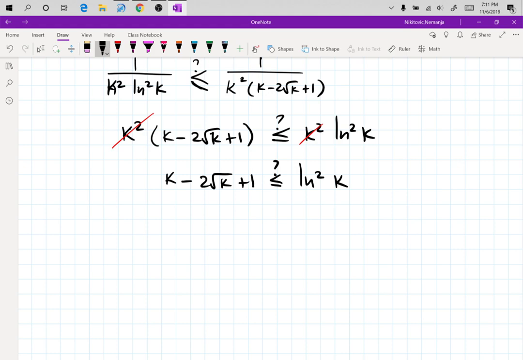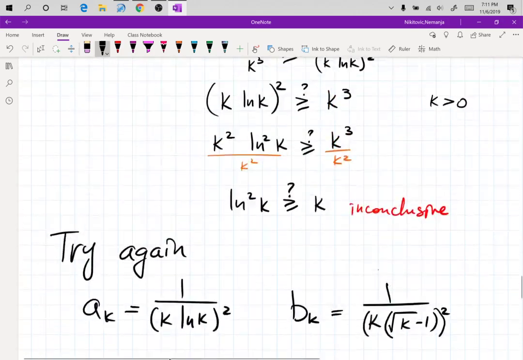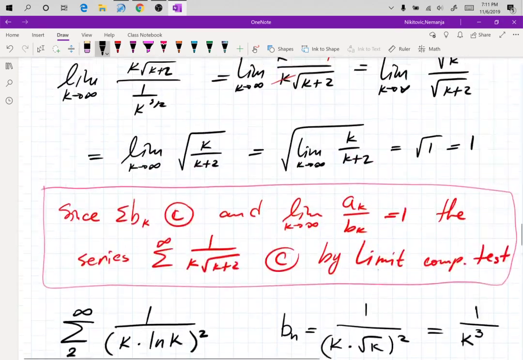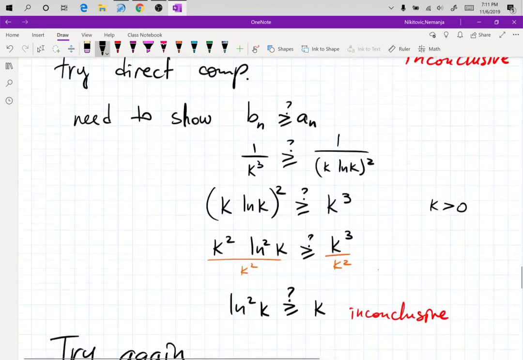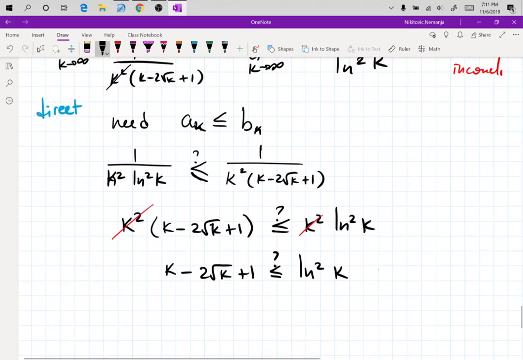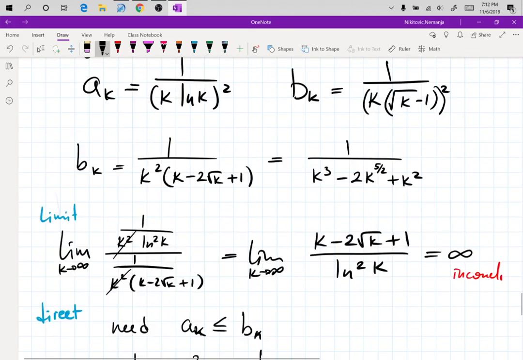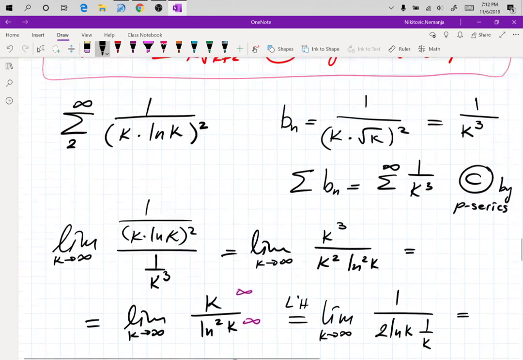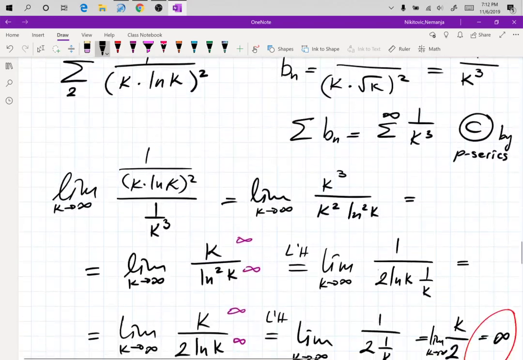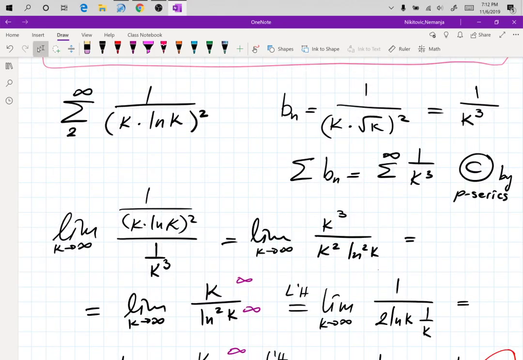I'll have to meditate on this problem. Something is off over here. I'm not seeing something simple. I don't want to waste time because we still have to do alternating and then the review. So I will switch to the next section and I will have to see what is the issue with this. But we are supposed to compare ln k to square root of k, and for whatever reason it doesn't work with either of the two comparisons.